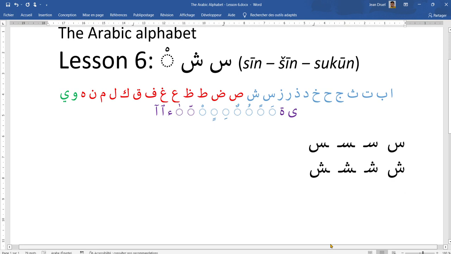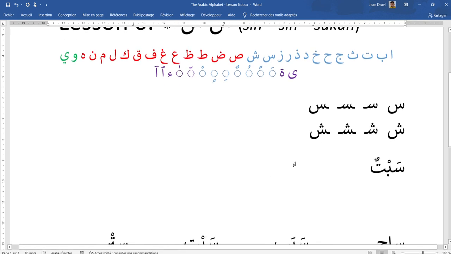Let's say we want to write sin, ba, and ta. So we can have sa, ba, ta, with three vowels, sa, bu, ta. This is nothing special. Now I may want, let's do this, sa, bu, tun. I may want to have absence of vowel. In that case, I will have sabtun.